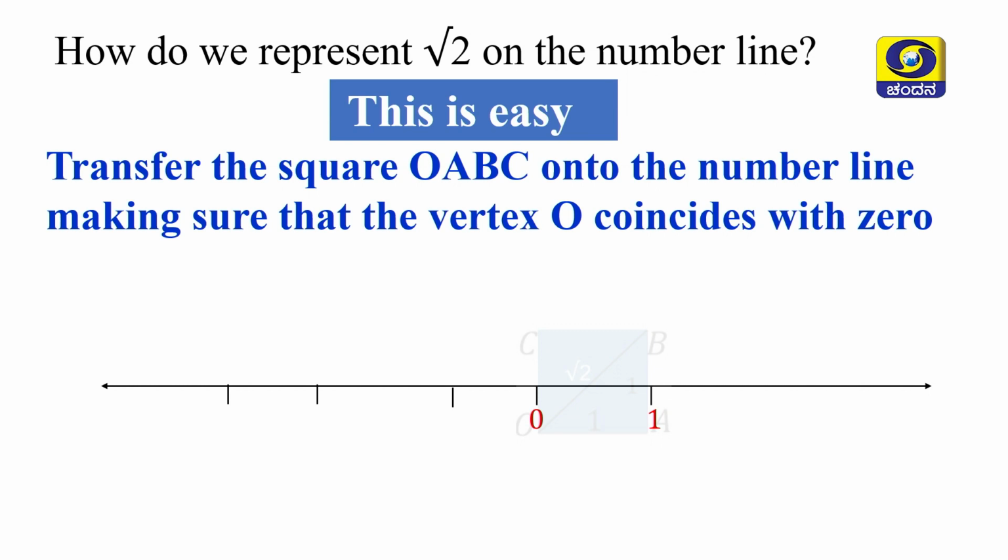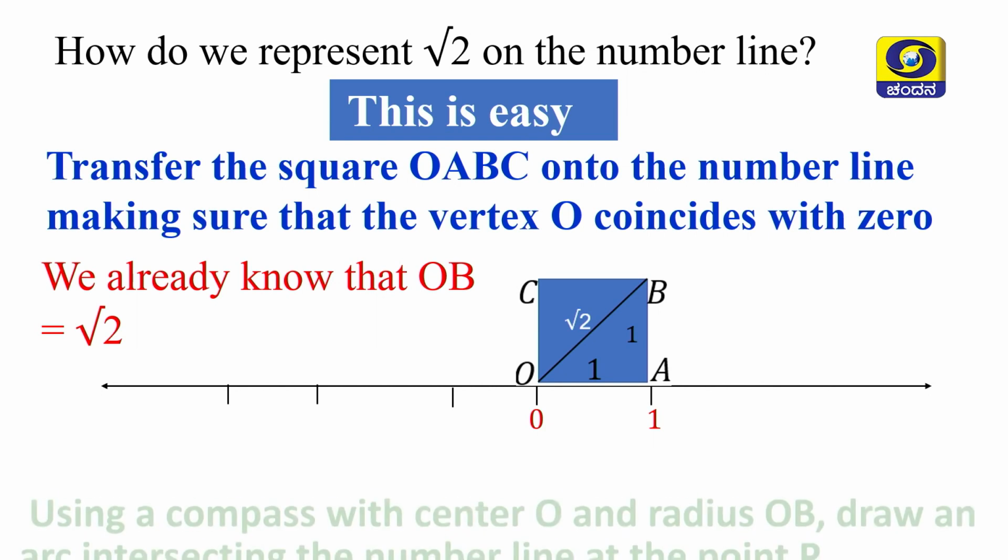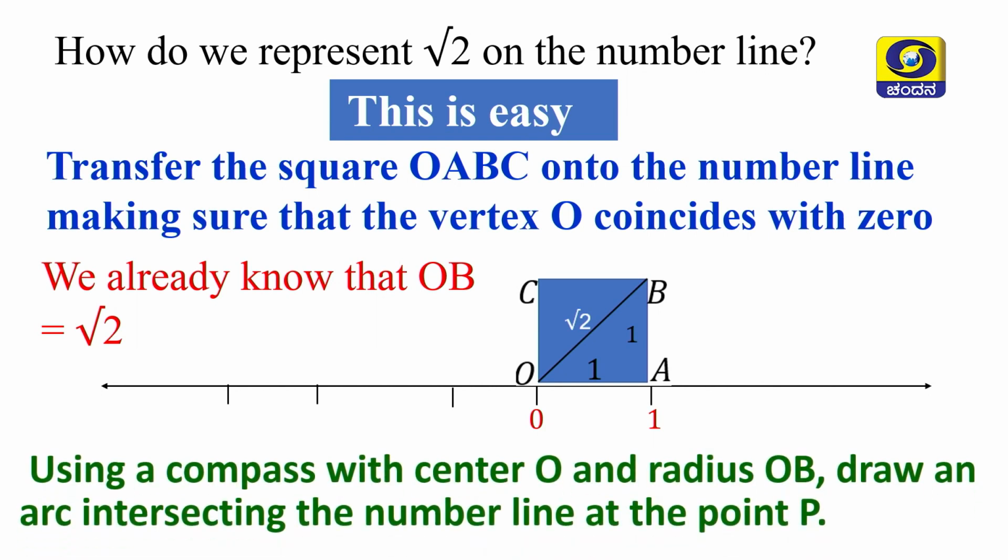See, you have to transfer OABC on a number line, making sure that the vertex O coincides with 0. We already know that OB is root 2. Now, take a compass, make O as the center, take OB as the radius, and draw an arc intersecting the number line at the point P, my dear students.